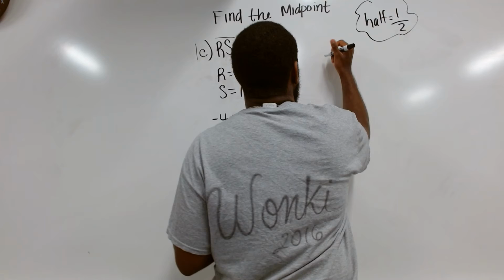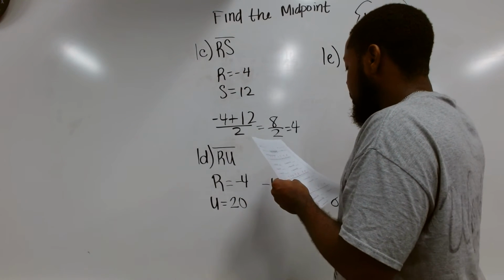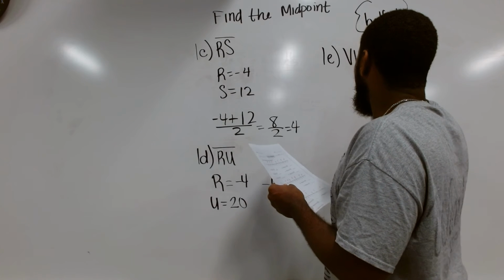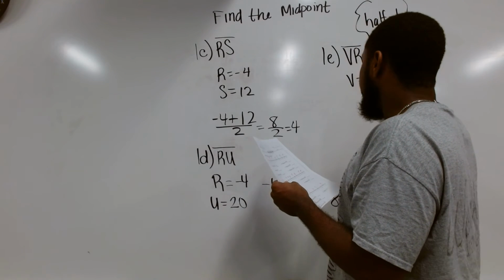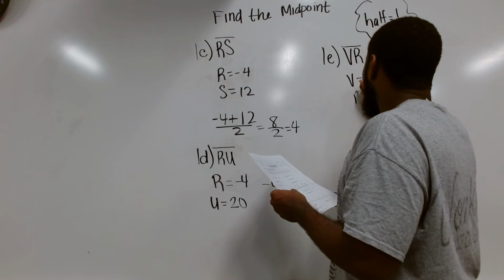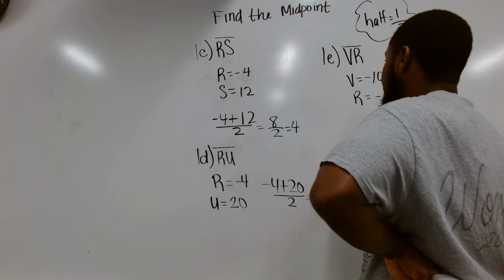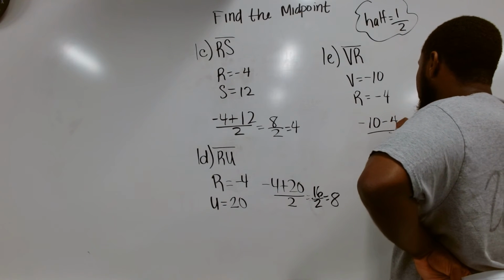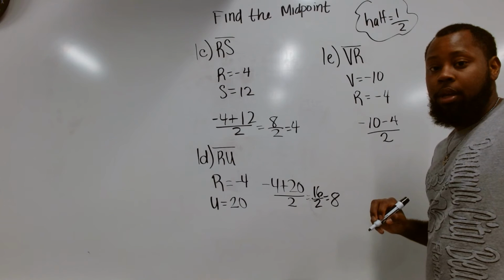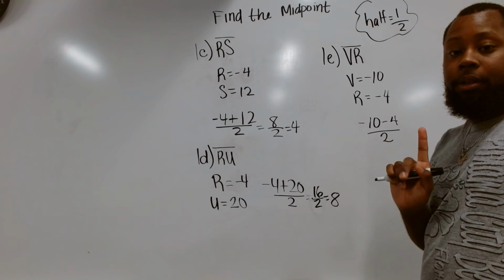Let's see, 1E. Y'all can see? Okay, good. 1E says VR. I know V has the value of -10, and I know R has the value, right here, of -4. So you're going to have -10 minus 4 divided by 2. How that's read? Let me put it this way.